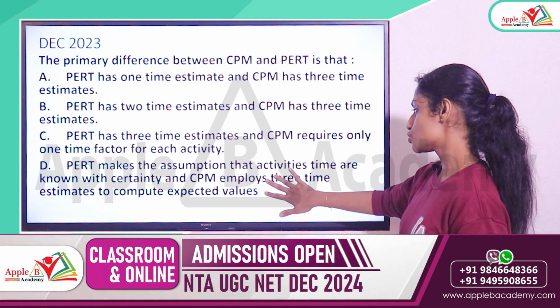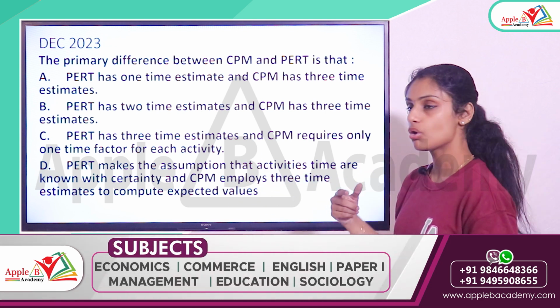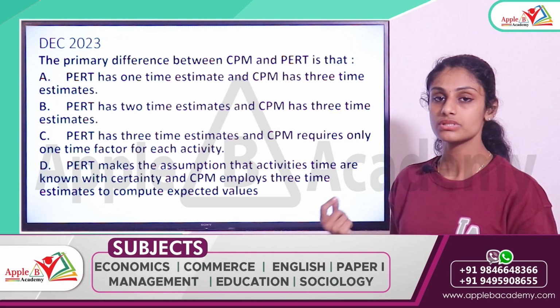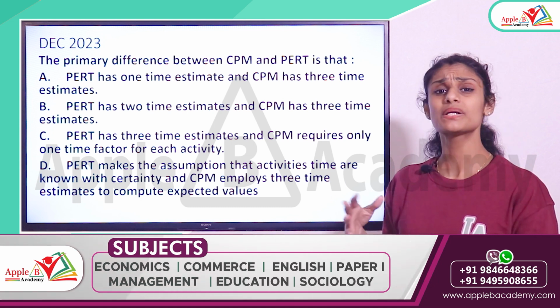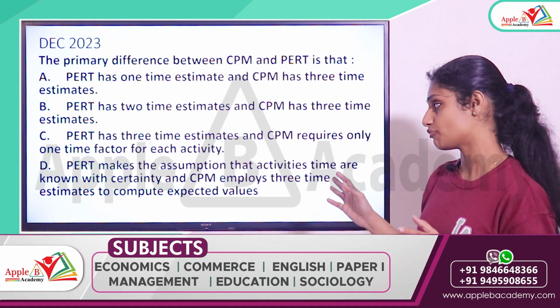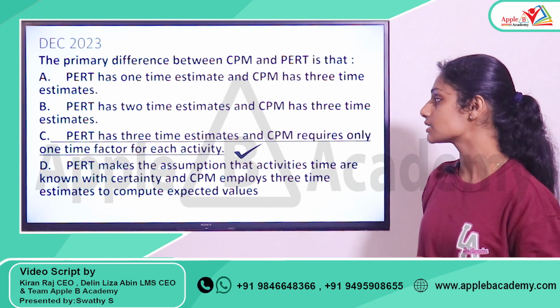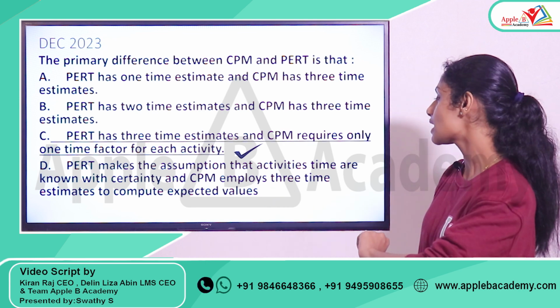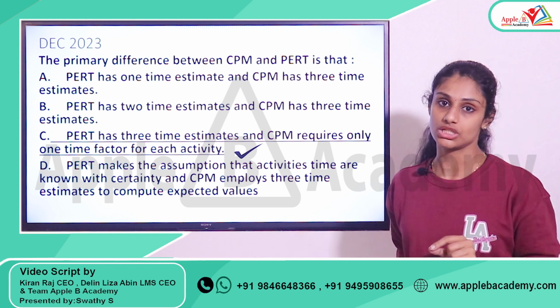No, there are no 3 time estimates in CPM, and in PERT also we are not certain about the activities, because rare or unpredictable activities are discussed in PERT. So D is not right. The correct answer is option C: PERT has 3 time estimates and CPM requires only 1 time factor for each activity.